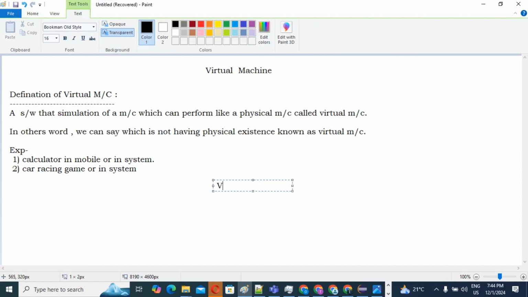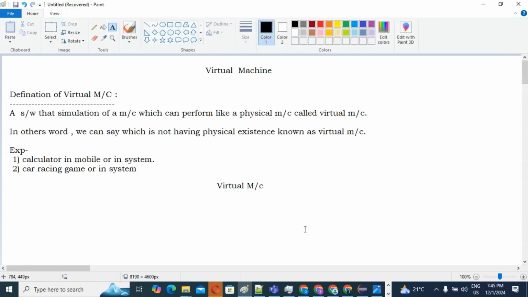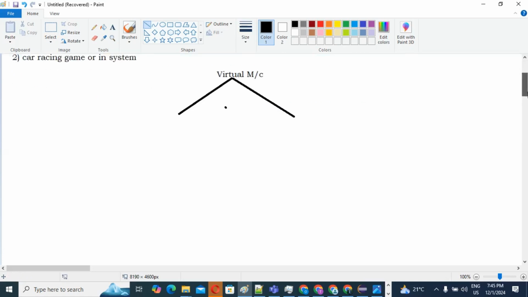First I will write here virtual machine. This virtual machine we have two types. What are those two types? Just listen carefully, I will tell you.